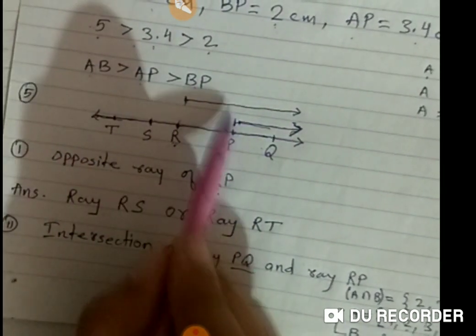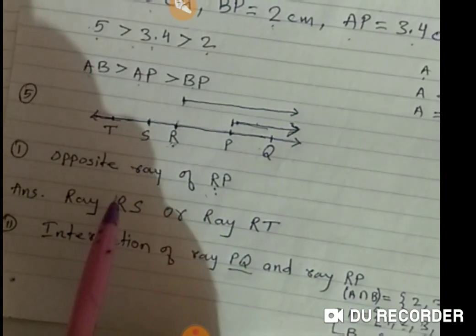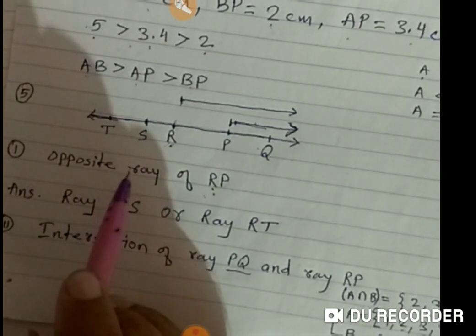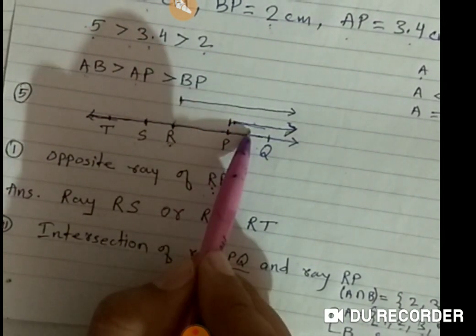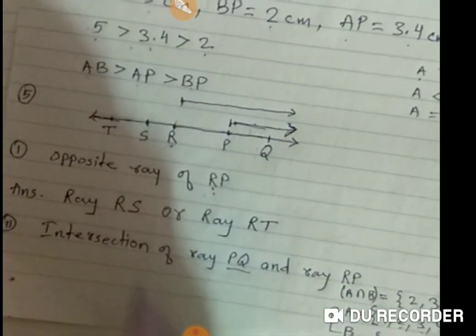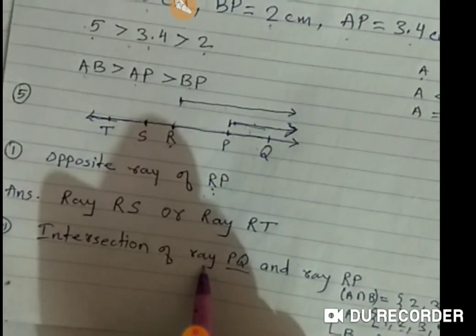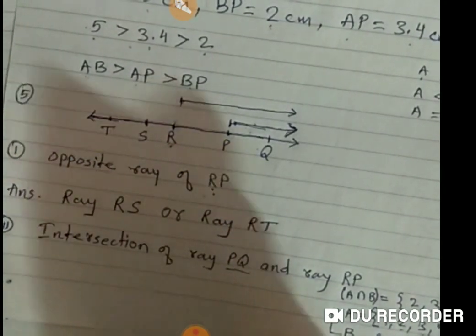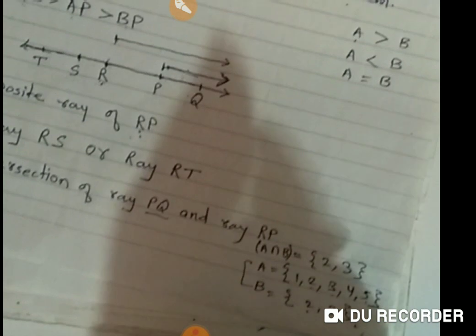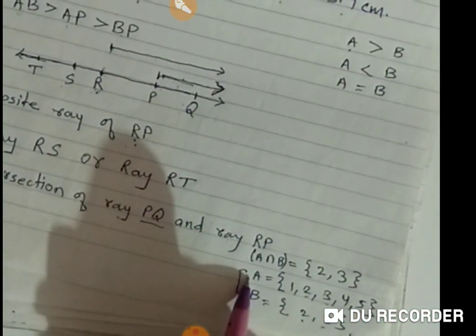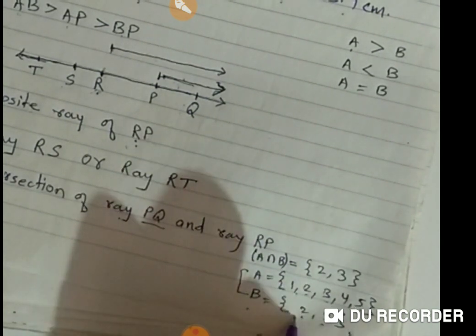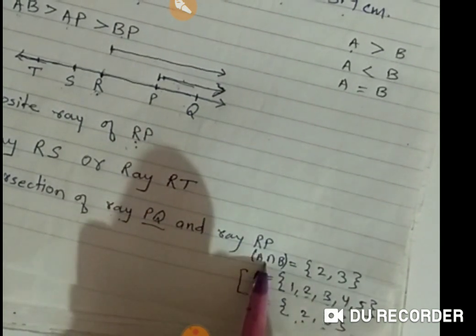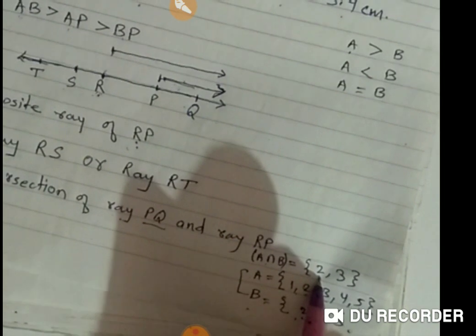So these are two rays, right? What is the common part? What is common in these two rays? Look, here we are talking about rays. As you can see here, we had sets A and B. A consists of numbers, B consists of numbers. So the intersection set should consist of numbers itself.